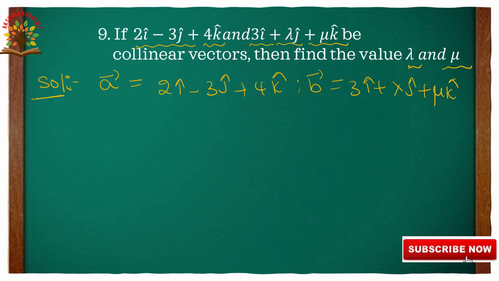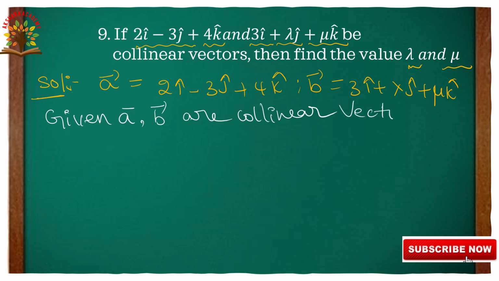Given that a bar and b bar, the two vectors, are collinear. If two vectors are collinear, then the cross product of the two vectors is equal to 0.